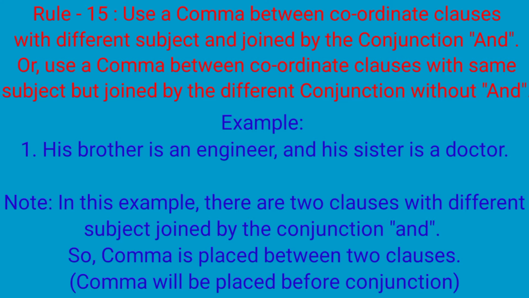His brother is the subject of one clause and his sister is the subject of the other clause. So the subjects are different, and these two clauses are joined by the conjunction and. So a comma is used before the conjunction.